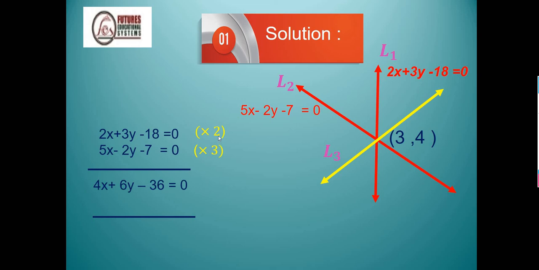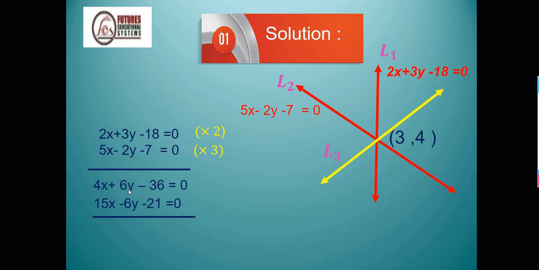The first one: 2 by 2 equals 4, 2 by 3 equals 6, 2 by -18 equals -36. And multiplying the second equation by 3, we get 15x minus 6y minus 21 equals 0.